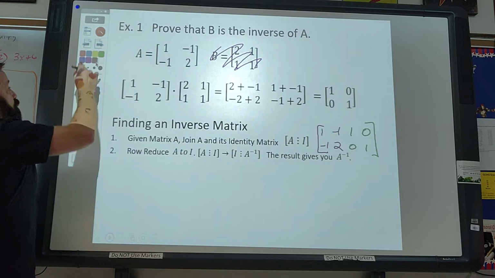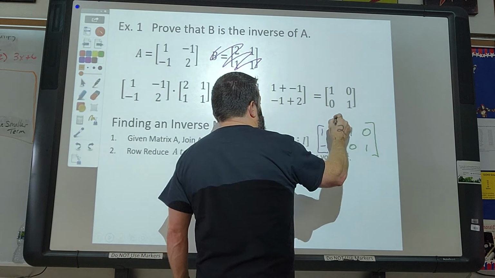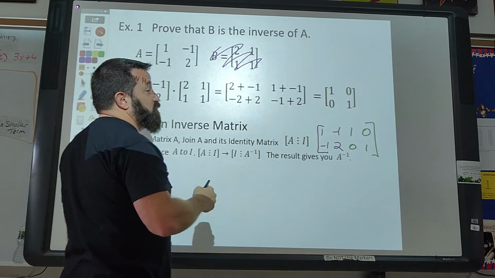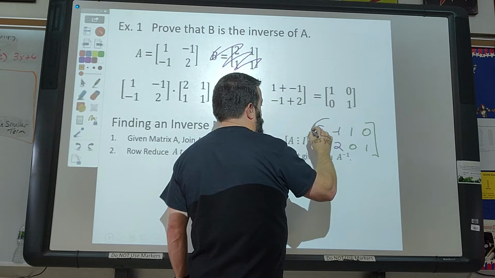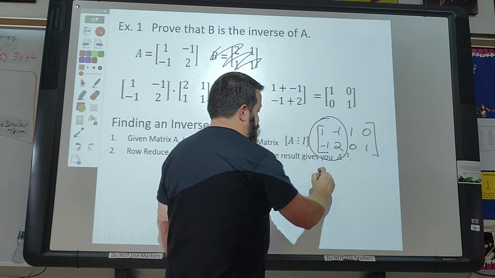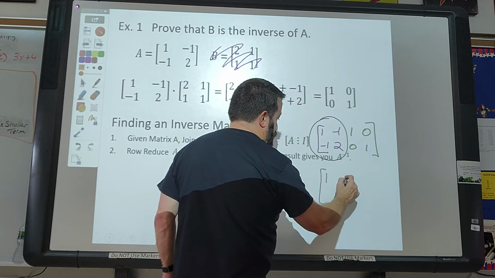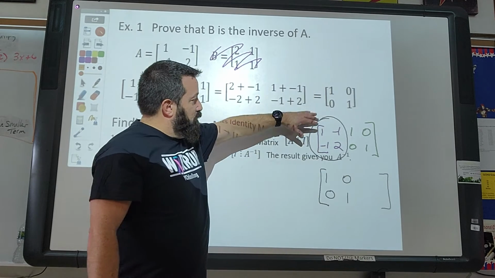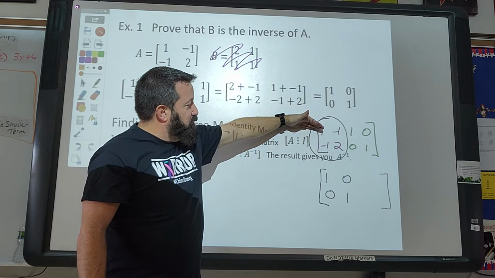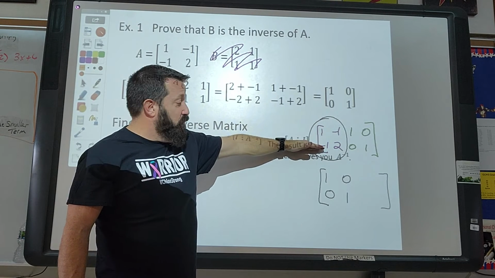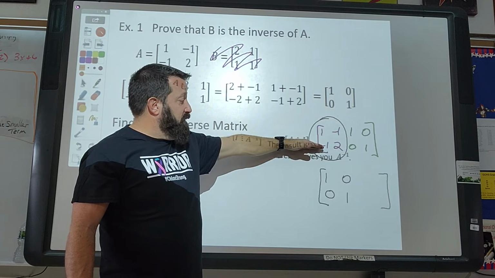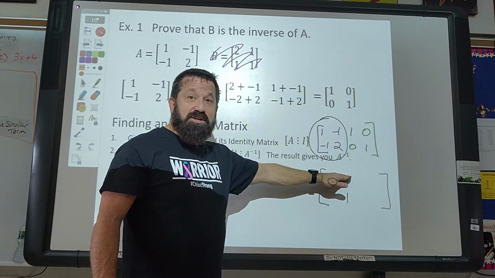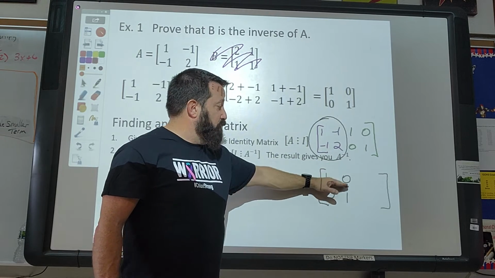So you use the skills we've been doing recently for reduced row echelon form, and you turn this into 1, 0, 0, 1. You take the 1 and multiply it by 1 and add it to this -1 to make that a 0. Then you do whatever you need to do to make that a 1, and then whatever you need to do to make that a 0. We've done that recently with reduced row echelon form.